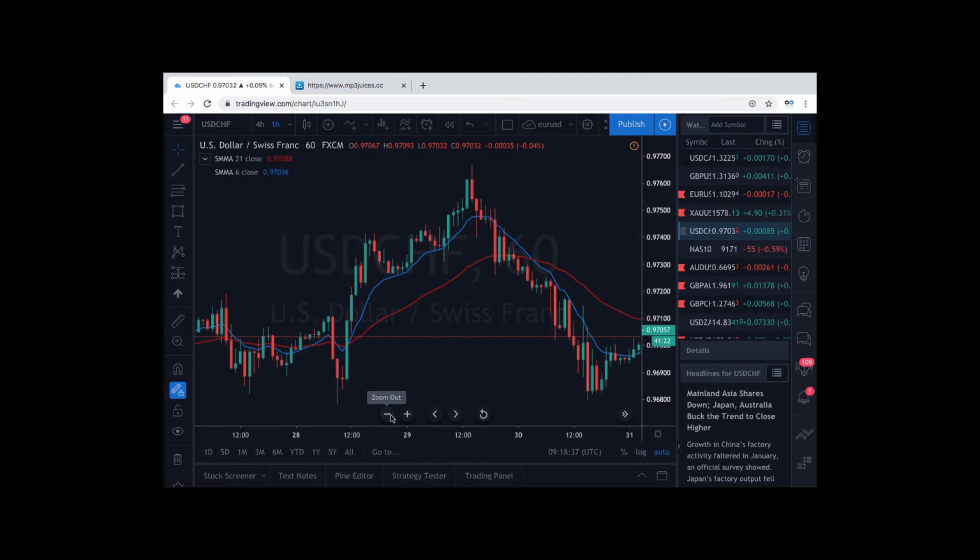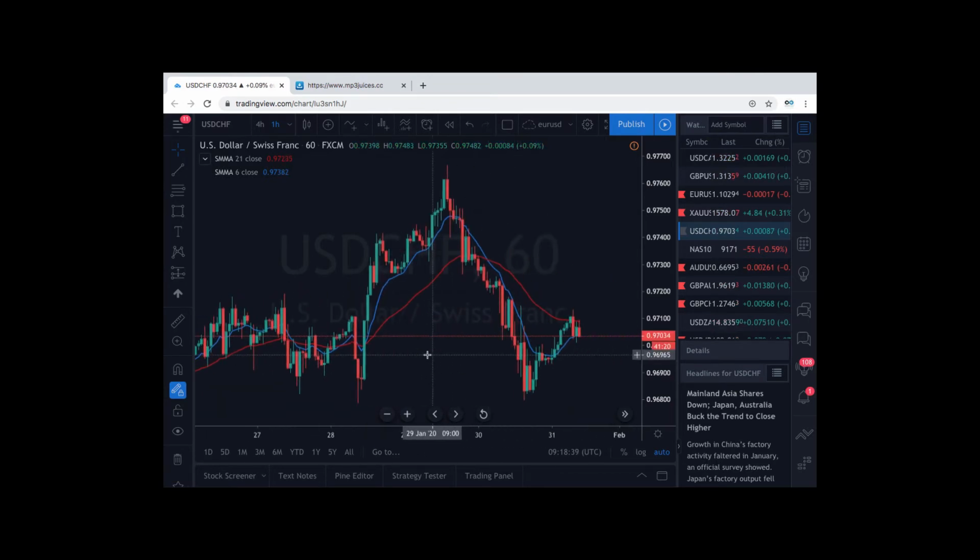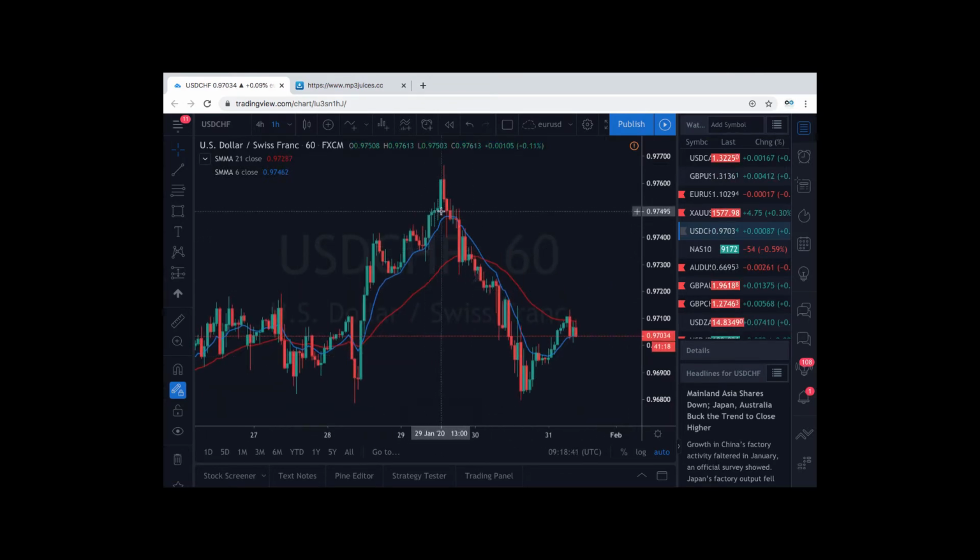Let me just show you numerous examples. Here we had a crossover from the top going down. Let's just say blue over red, from the top going down, indicates us looking for sell.